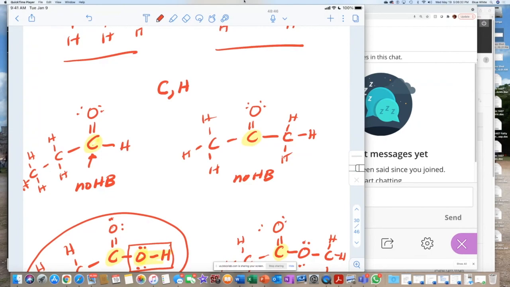If they have a third element in it, like sulfur or oxygen or nitrogen or chlorine or fluorine, a third element in it is most likely polar. Okay, so I see that there's an oxygen here. I can jump and say it's polar, right? It has no hydrogen bonding, but it's definitely dipole because of the oxygen here.